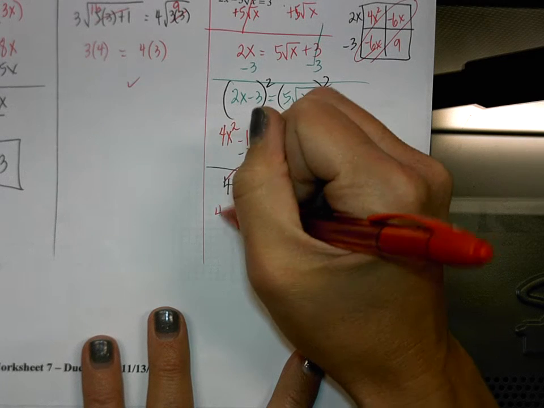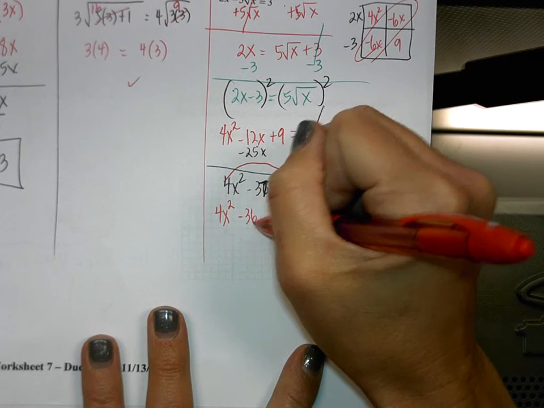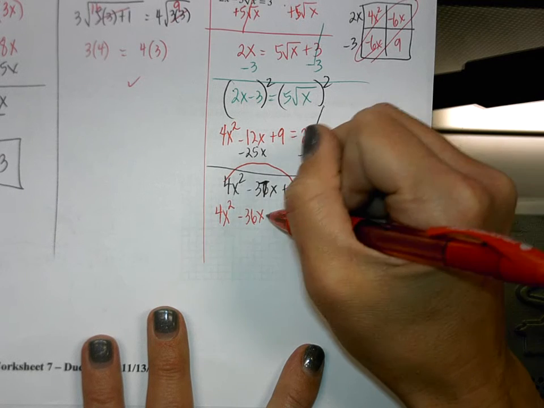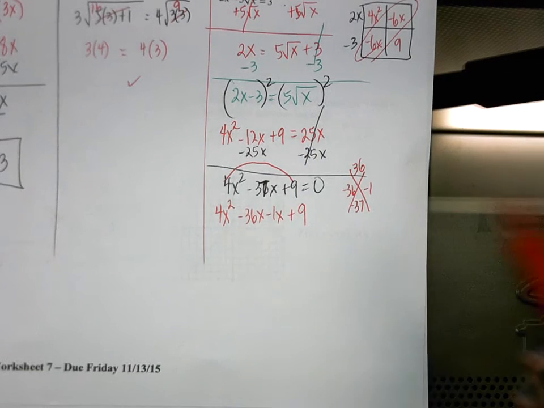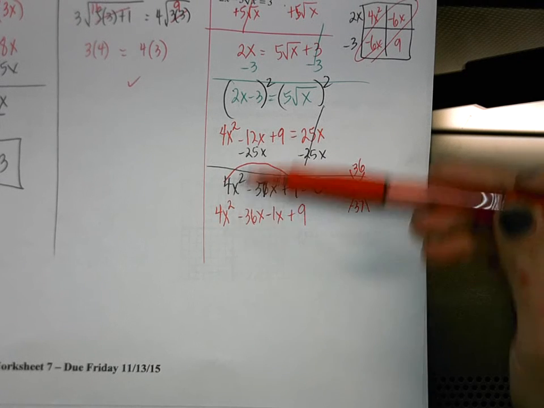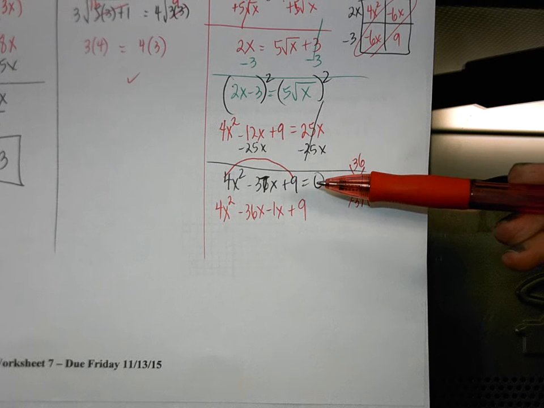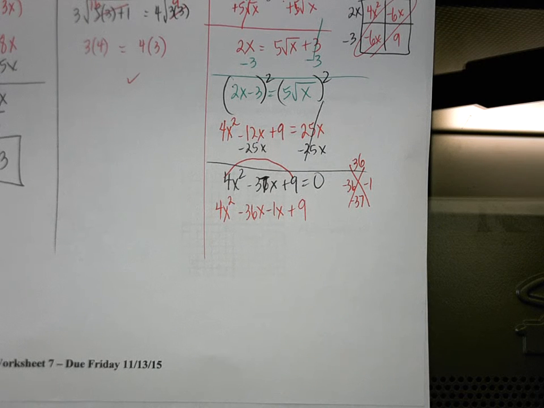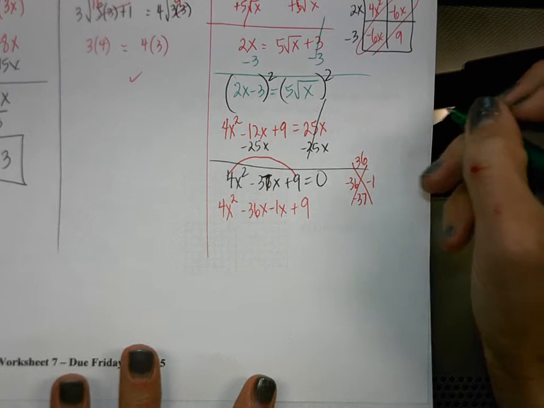We're going to write this as 4x squared, and then we're going to have negative 36x minus 1x plus 9. So we multiply this over to help us figure out what the middle is going to be, but then you keep the front and the end the same. Are we good? And then do you guys remember what we do at this point? Group. So what can I take out of my first group? 4x. Good, 4x.